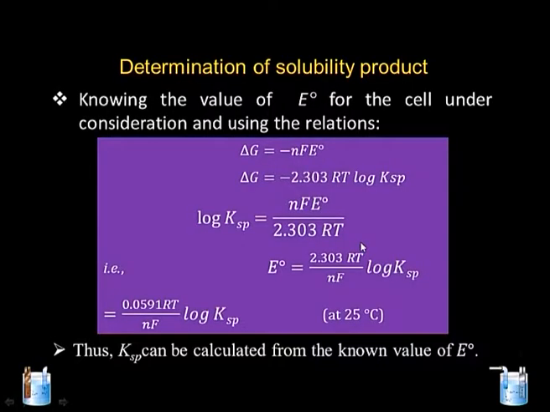Knowing the value of E0 for the cell under consideration and using the relations, we can write delta G, that is Gibbs free energy change, is equal to minus nFE0, which is equal to minus 2.303 RT log KSP, which means log KSP can be written as nFE0 divided by 2.303 RT, and E0 then becomes 2.303 RT by nF log KSP, which is equal to 0.0591 by n log KSP.